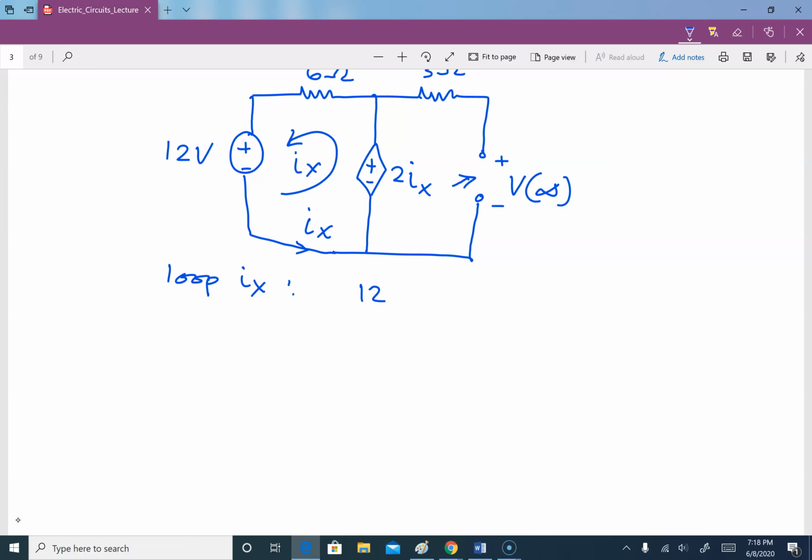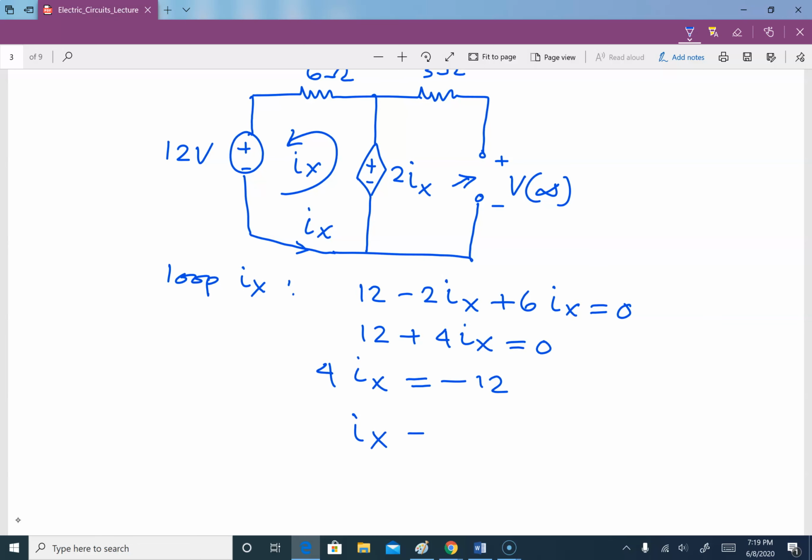That is a 12 minus 2IX plus 6IX is equal to 0. So that is a 12 plus 4ix is equal to 0. That means really 4ix is equal to negative 12, and ix is equal to negative 12 over 4, which is equal to negative 3 ampere.